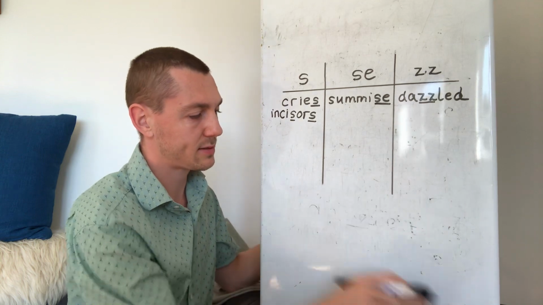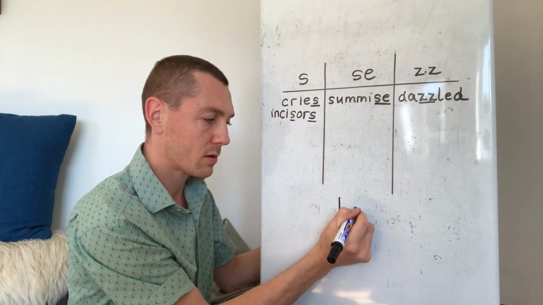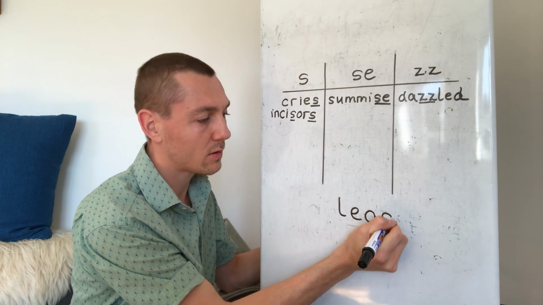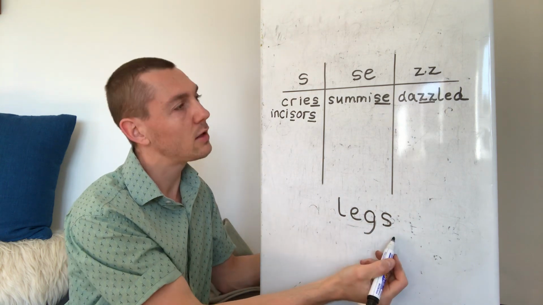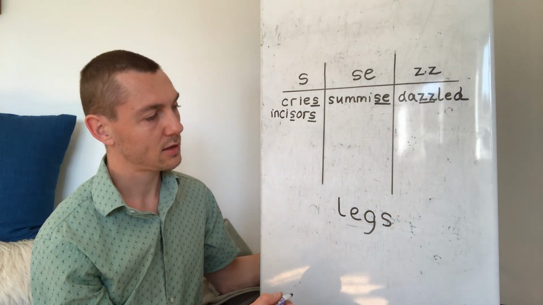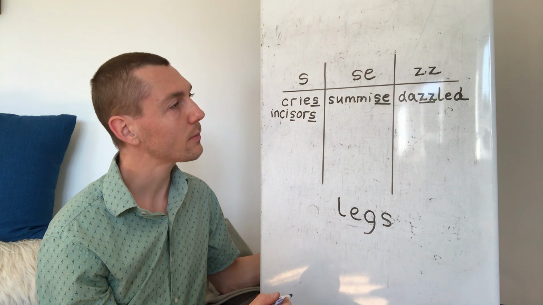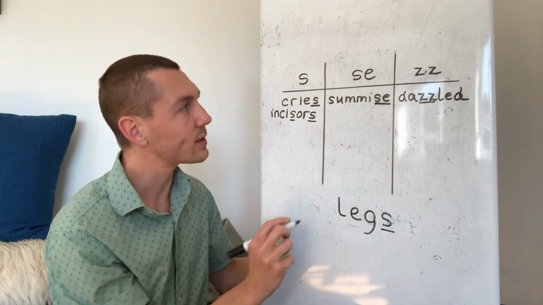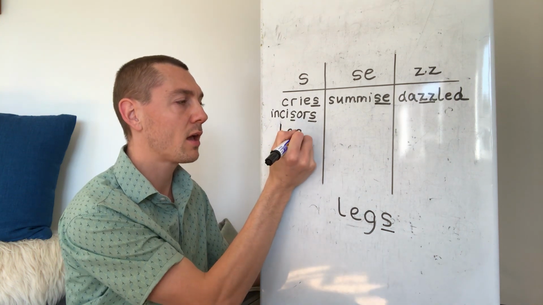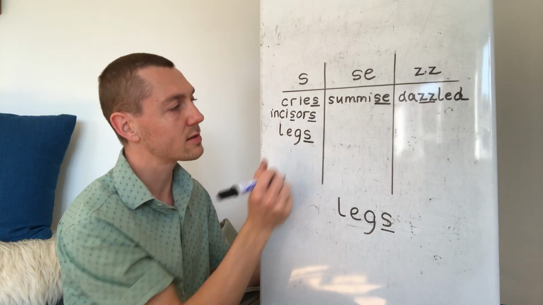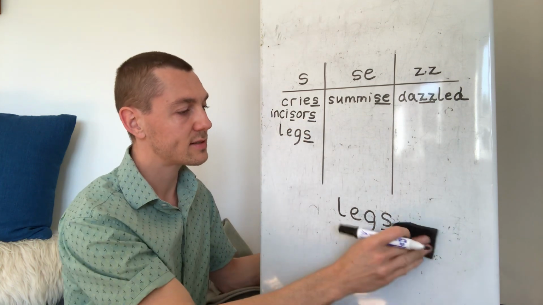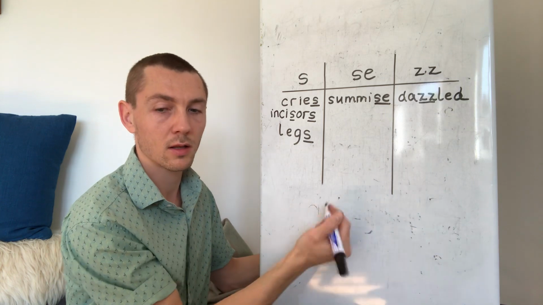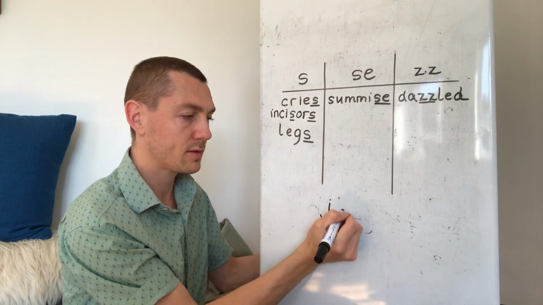Okay, what about this word? One, two, three. Legs. Over to you. Of course, we say l, e, g, z with the S sound spelling. Two syllable word.